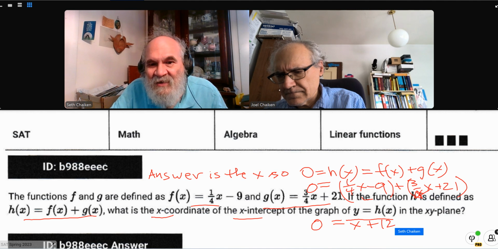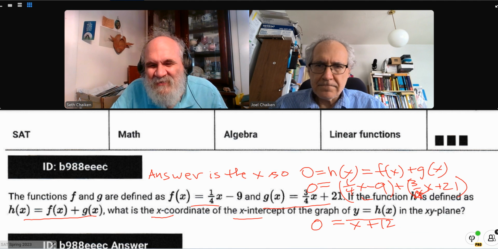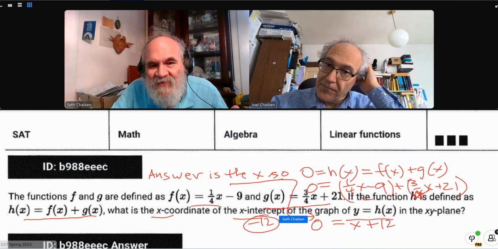Okay, so the value of x that makes what value of x? So x plus 12 equals 0. That's negative 12. Right. That's the answer.